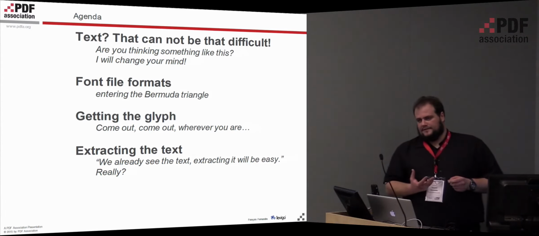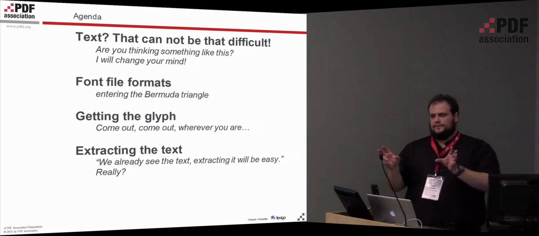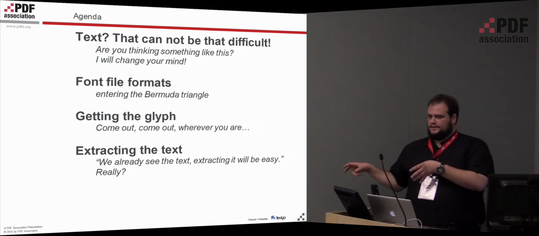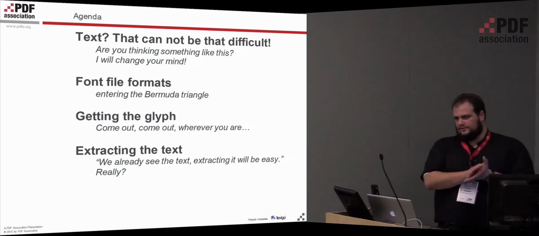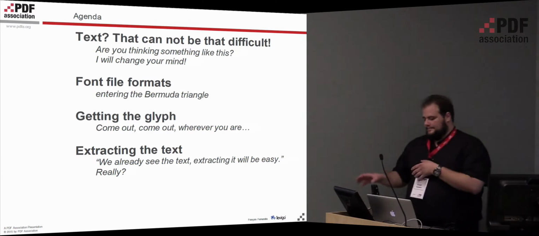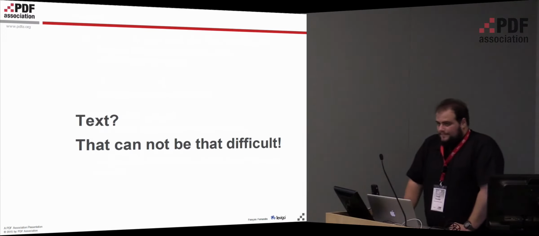The final thing for today would be at least a high-level view of how to do text extraction, because it has something in common with general font stuff, but not completely. Anyway, let's start right away.